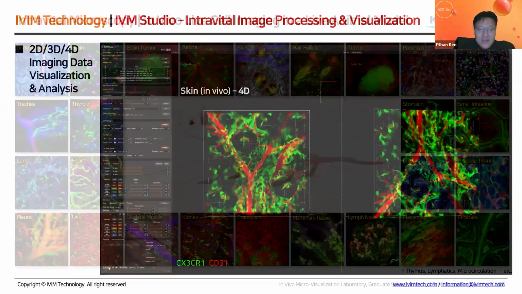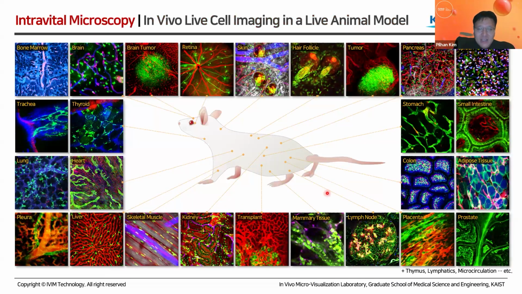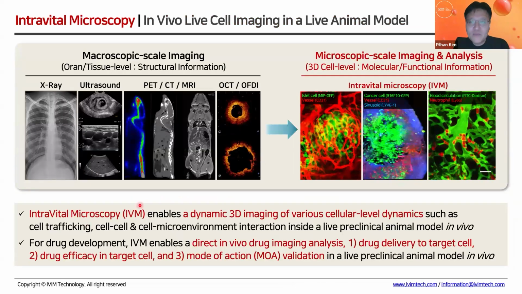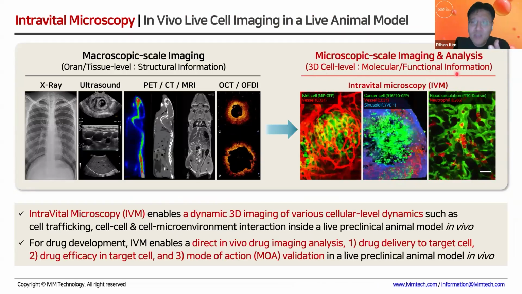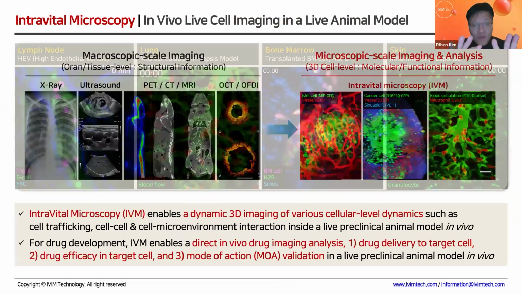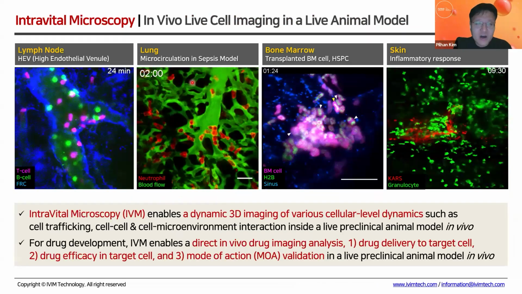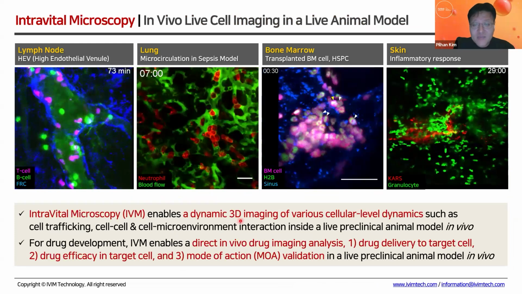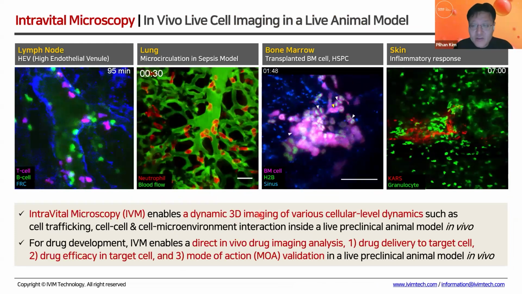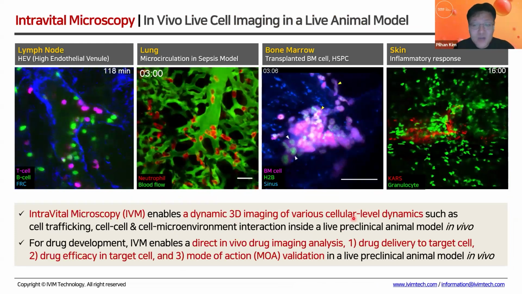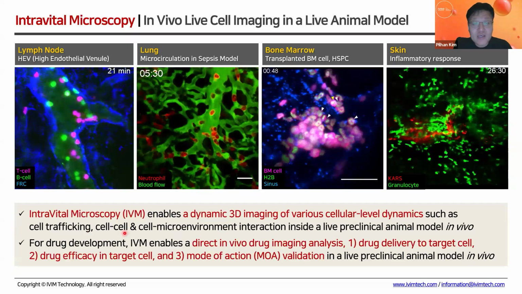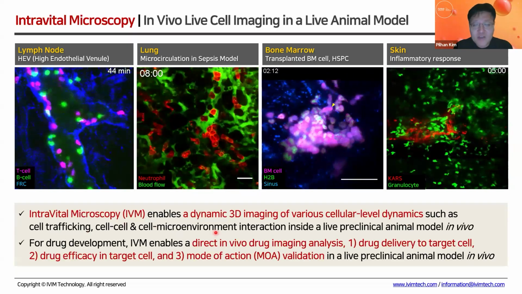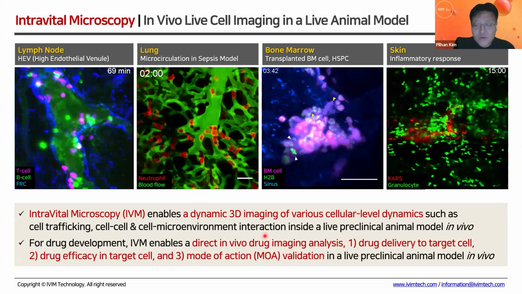Okay, so I'm almost finishing my talk. Intravital microscopy is a useful tool to obtain 3D, cellular level, molecular and functional images from live animal models. We can perform this intravital microscopy in all these different organs to obtain dynamic 3D images and visualize various cellular level dynamics, such as cell trafficking and cell to cell and cell to microenvironment interaction in a live animal model.